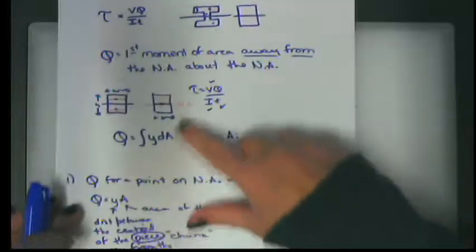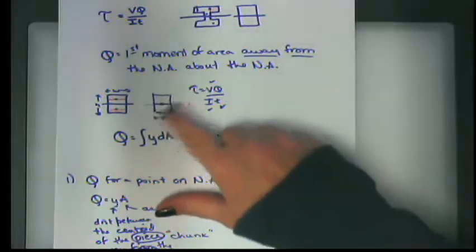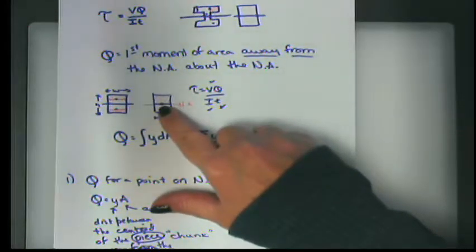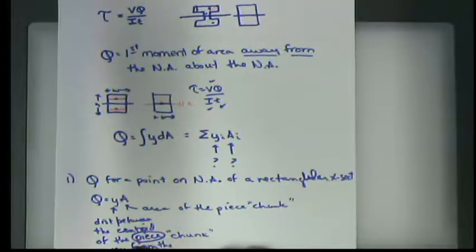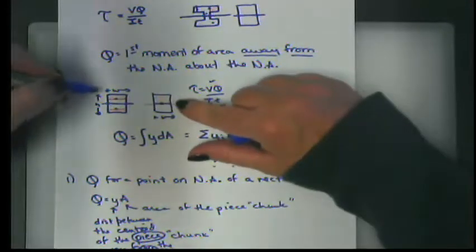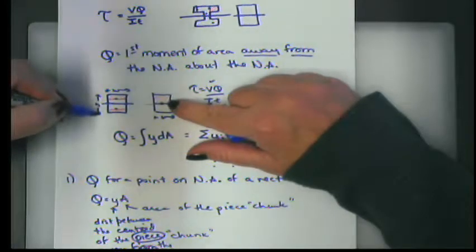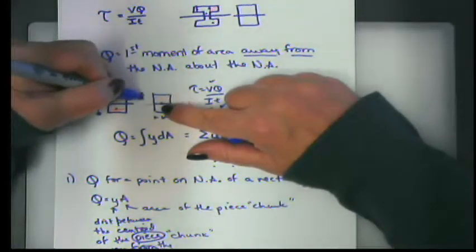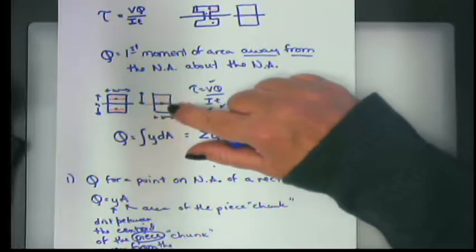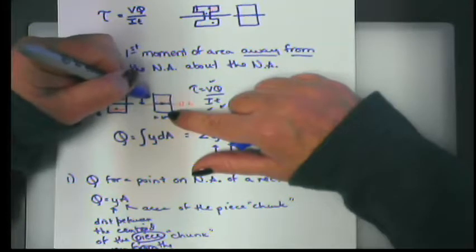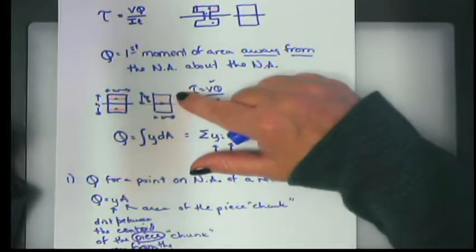All right, so the first thing we do is find this chunk. We're going to start with this picture right here. This is the one we're going to work with first. So what is y? Y is the distance between the centroid of the chunk and the neutral axis. If the height of my rectangle is h, what is the height of my chunk in this case? The neutral axis is in the middle, so wouldn't the height of the chunk be h over 2, from here to here?